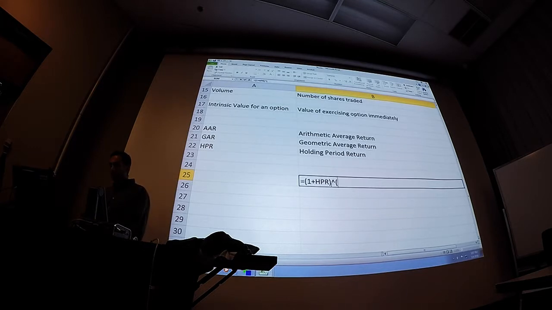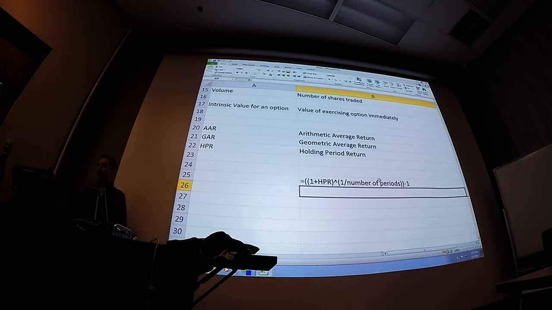The exponent is 1 over the number of periods, and then it'd be all that minus 1. That's how you get a period rate from an effective rate if we take the HPR as being like the effective rate. So again, you take 1 plus the return, and then the exponent is 1 over the number of periods, and then minus 1.